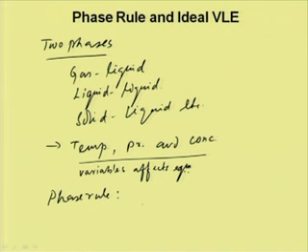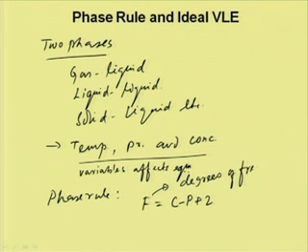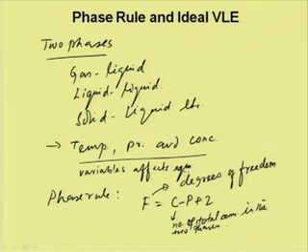It states that F is equal to C minus P plus 2, where F is the number of variables or degrees of freedom, C is the total number of components in the two phases when there is no chemical reaction, and P is the number of phases.